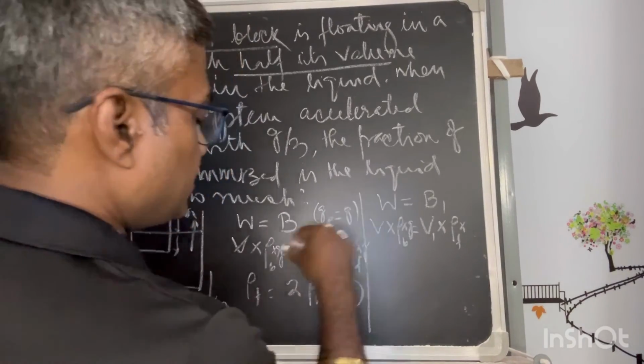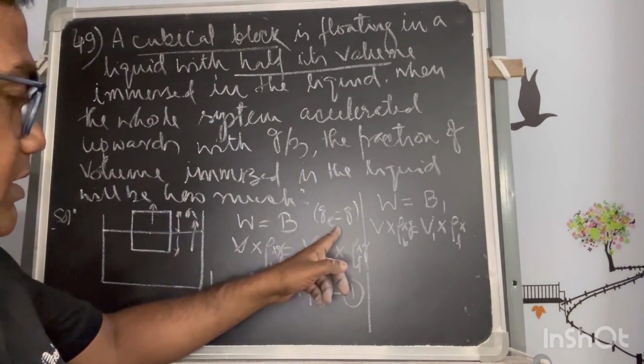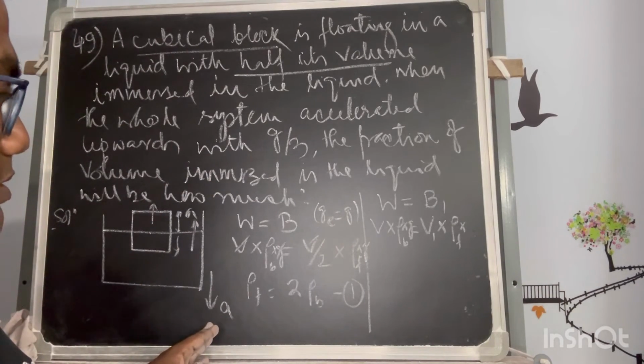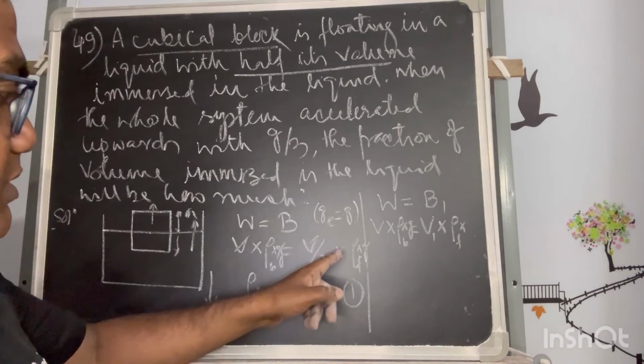As I said in the earlier problem, the effective g is equal to g unless the system is accelerated somewhere.